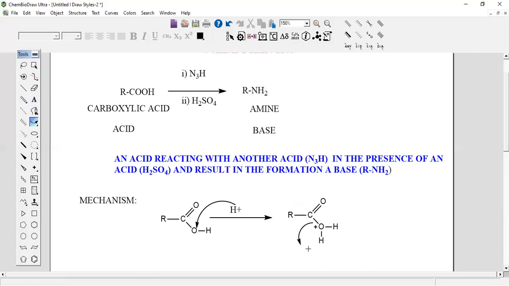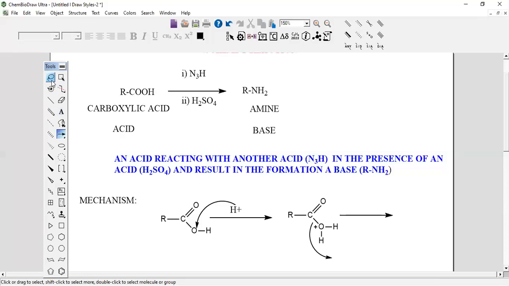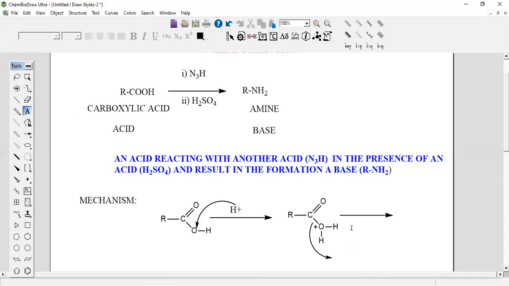In the next process it loses a water molecule. A loss of water molecule takes place, minus H2O.